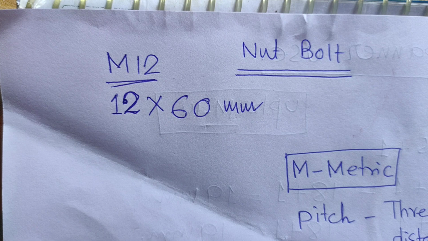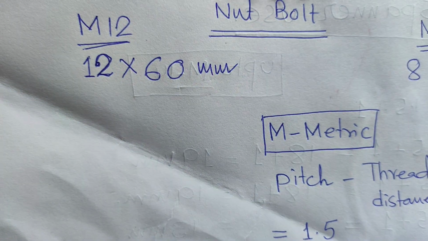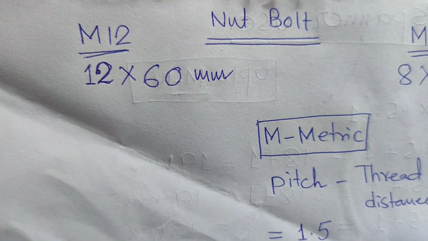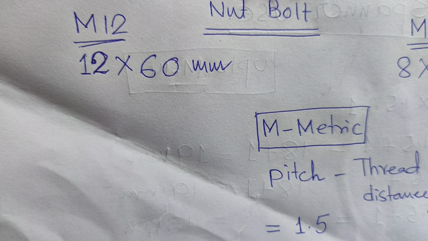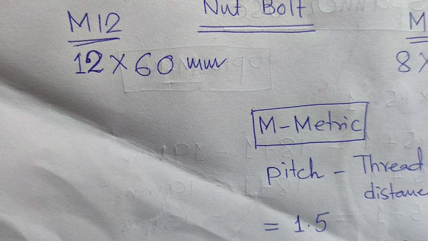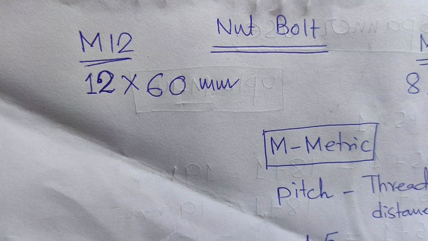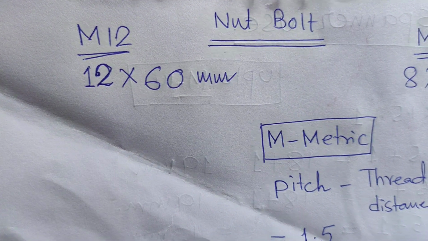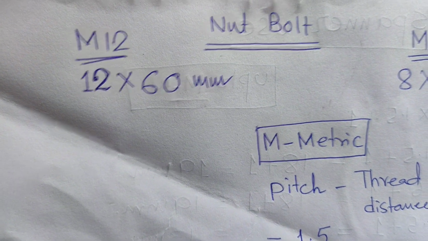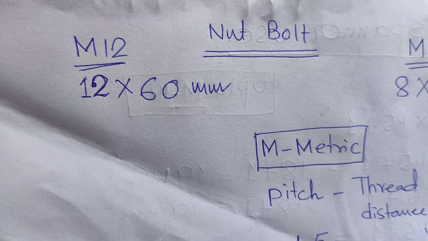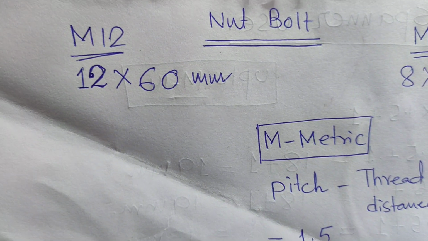So this is the formula by the help of which you can easily calculate the nut and bolt, and which types of spanners you have to use to complete the work. You can easily choose your spanners according to the diameter of the M12 nut.